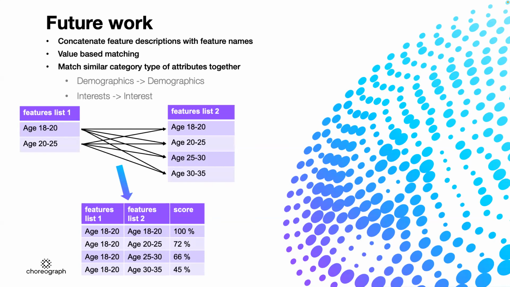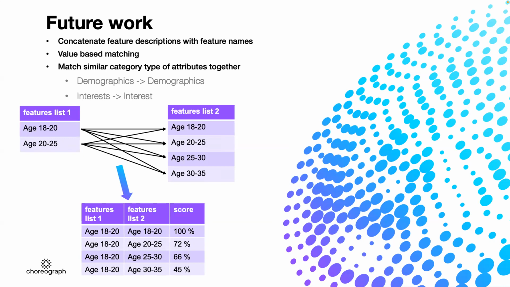So in order to give better understanding to both of the similarity techniques, we concatenate the feature names along with the feature descriptions, so we get more words in each single sentence. This way we are able to improve the similarity matching.